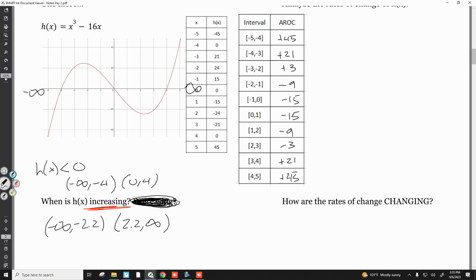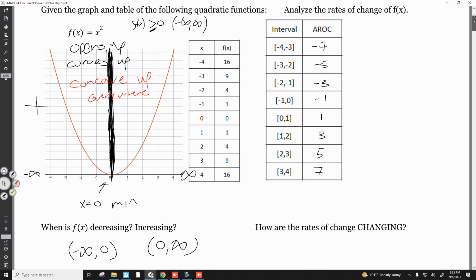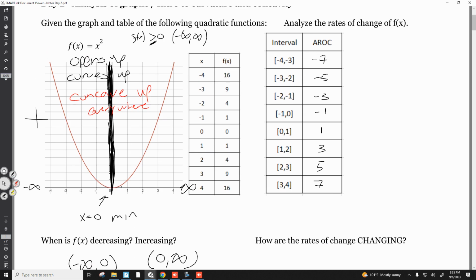The next question is, how does this graph curve? How does h curve? We saw from the previous page, sometimes graphs curve upward.